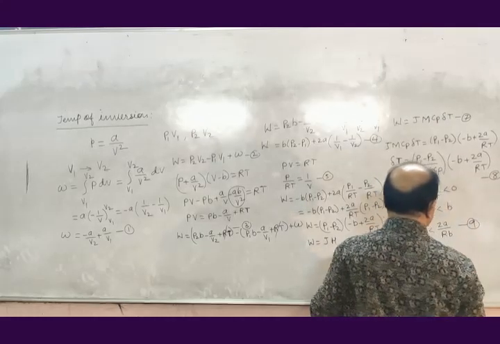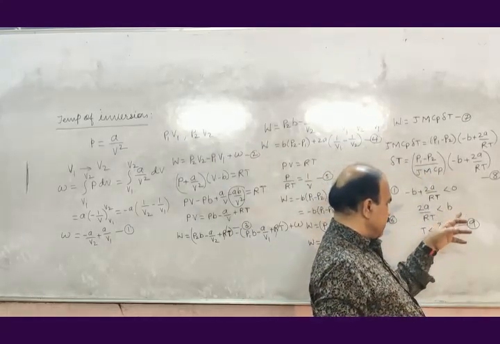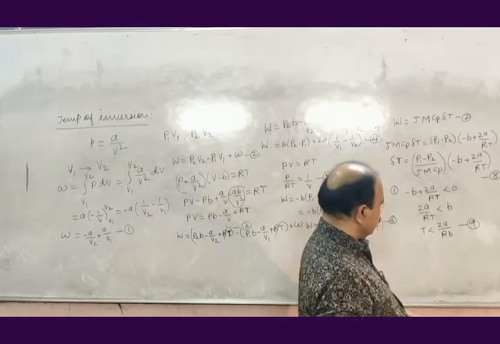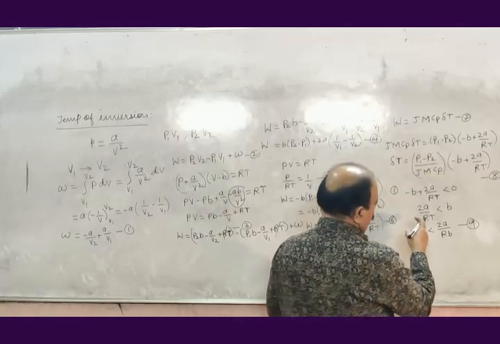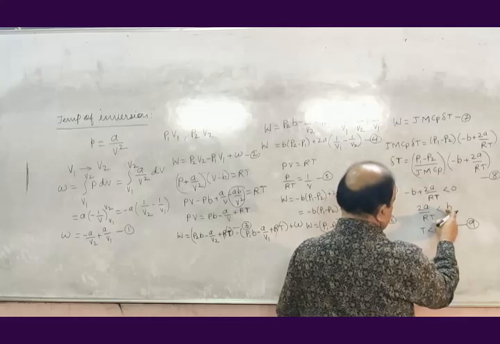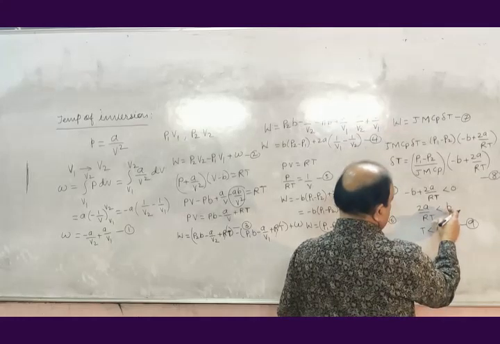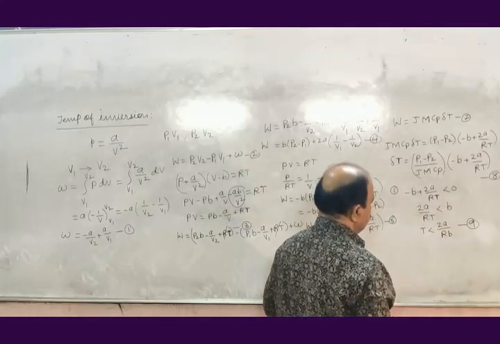Equation number 9. T sent to this side, 2A or B taken to this side, T to this side. Okay, so it will be T less than this.